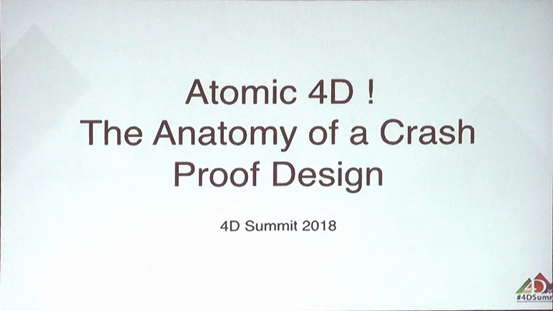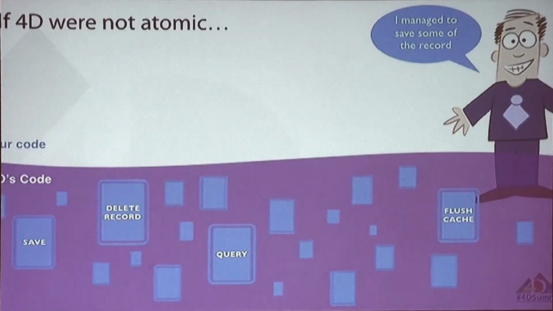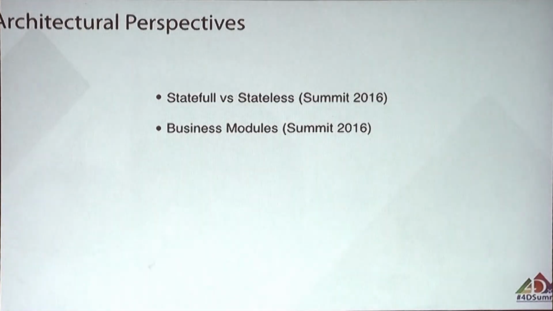So that's not satisfactory. So we need to continue this pattern into our own code and make it atomic as well. So we're going to look at some of the programming concepts behind and the strategy behind building atomic code. So there's 4D's code and our code.